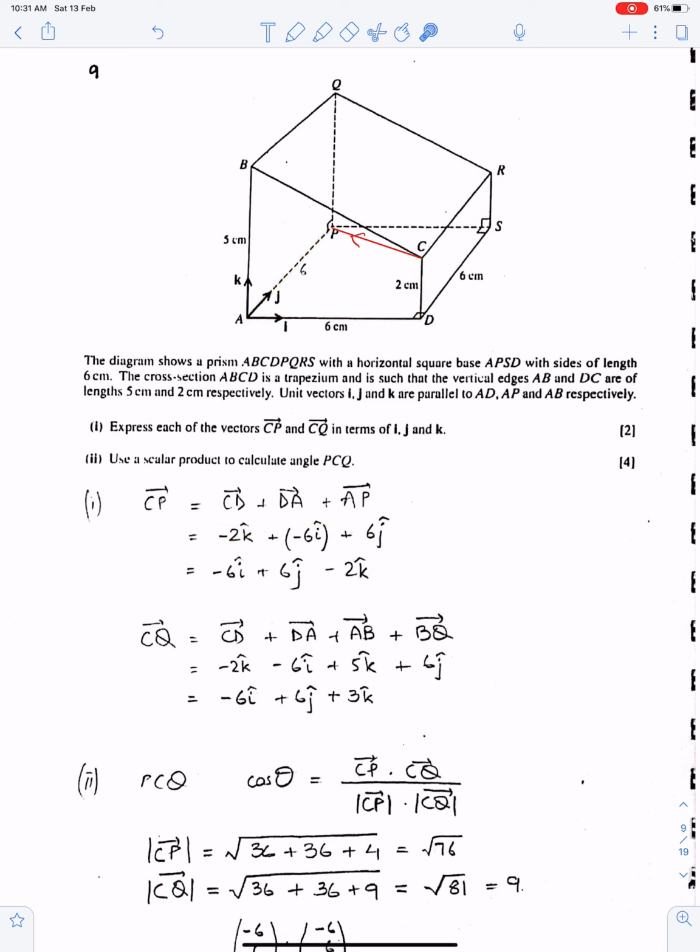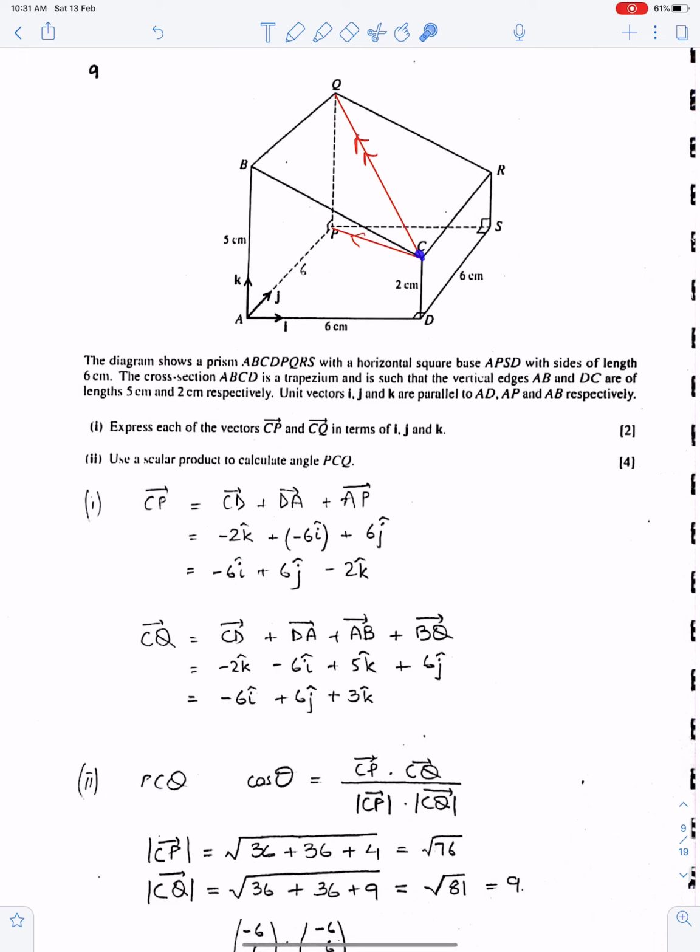In the same way, I can get vector CQ. This is vector CQ. This is so simple. I will go in this way: CP plus PQ. I know what is PQ. It's given. PQ is given, it's 5.